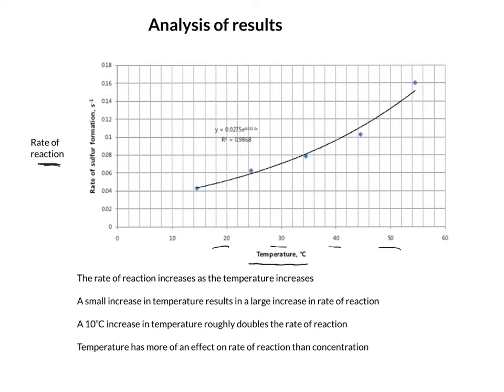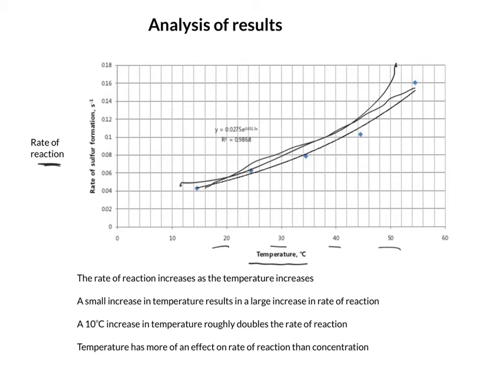Now, the thing to notice is that it's not a straight line relationship. It's a curved relationship, and that curve is because a small increase in temperature results in a more than linear increase in the rate of the reaction. We'll look at that when we do the collision theory to explain this.